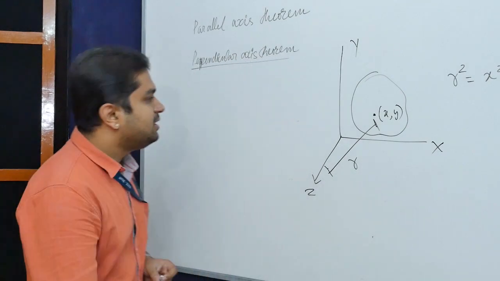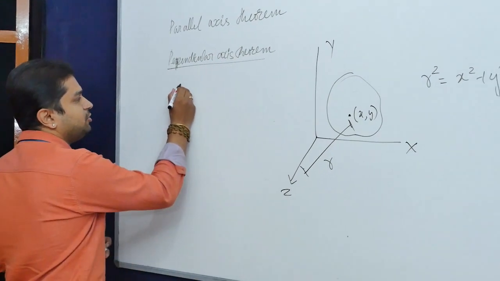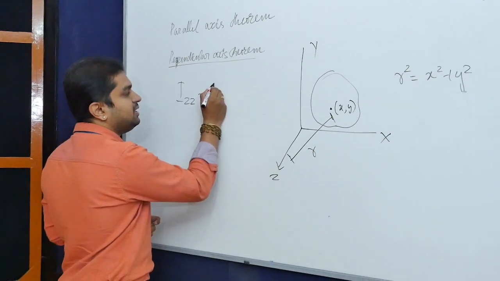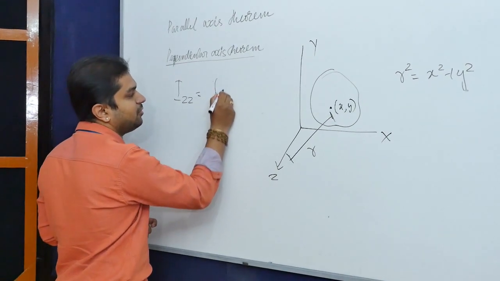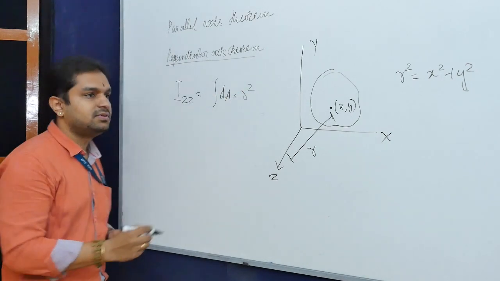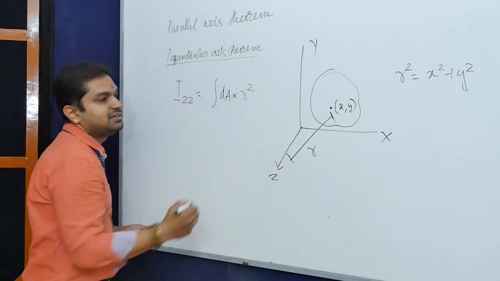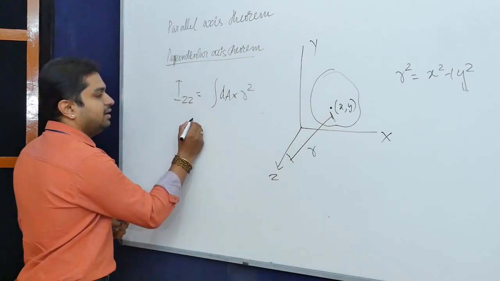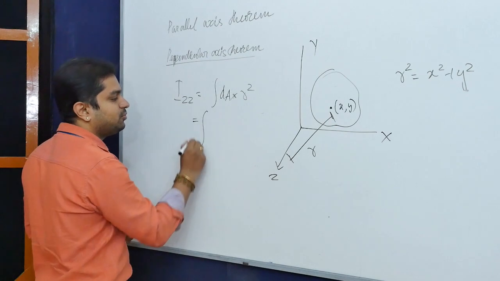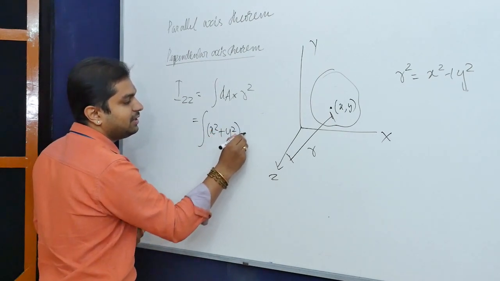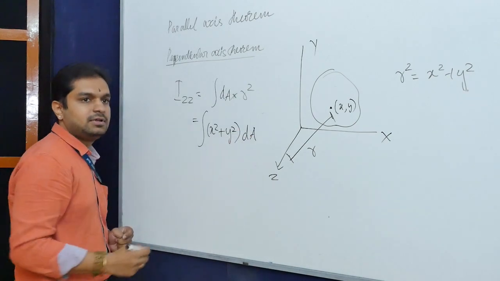So here the polar moment of inertia will be equal to the integral of dA into r squared. And this r squared is nothing but the perpendicular distance of the area with respect to the reference axis. With the Pythagoras theorem, we can substitute r squared as x squared plus y squared into dA.